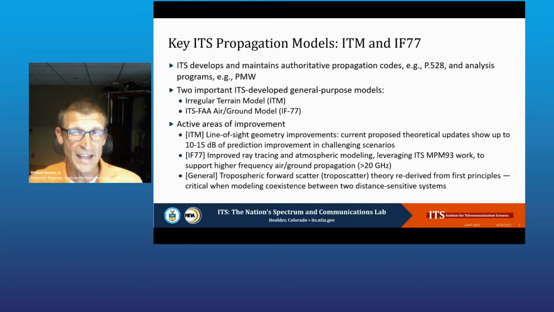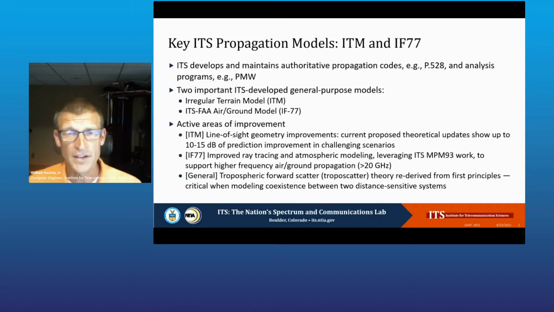Others may not be as familiar, but if you've used any software to do interference analysis, or any of the commercial packages, likely this is one of the models being used under the hood when you're doing that sort of work. So even if you're not familiar with it, you probably have used these models unknowingly in the past. They've been around, they're general purpose models.